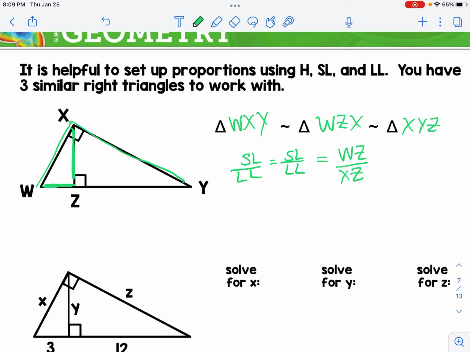That is my short leg, long leg, and then I would want it to be equivalent to the other triangle, short leg over long leg. So that could be WX over XY, because I'm doing this big one. Just making sure my pieces match. I can do hypotenuse over short leg equals hypotenuse over short leg as well. So we can use these patterns to solve for the missing pieces.